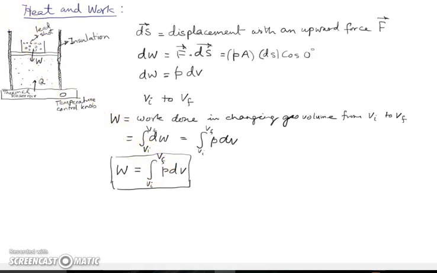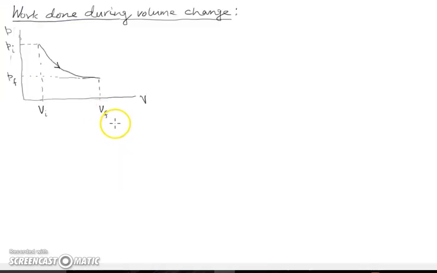Great. So what's the work done during a volume change? Let's consider a PV diagram. On the y-axis we have pressure P, and on the x-axis we have volume. This is a PV diagram for a system undergoing an expansion with varying pressure. For the initial volume Vi, there's a corresponding pressure Pi.